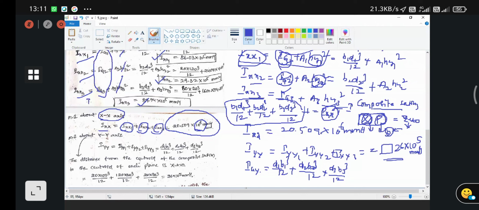Then you will get the total central axis Igx equal to Igx1 plus Igx2 plus Igx3, and Igy equal to Igy1 plus Igy2 plus Igy3. That is D1 B1 whole cube by 12, D2 B2 whole cube by 12. You will get the values respectively. So this is the total area moment of inertia.